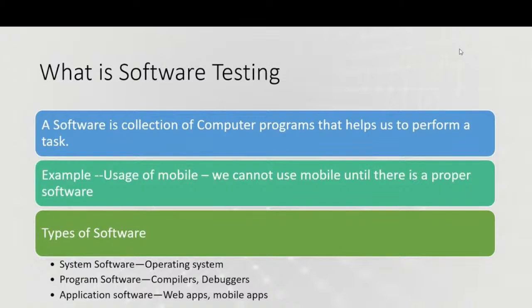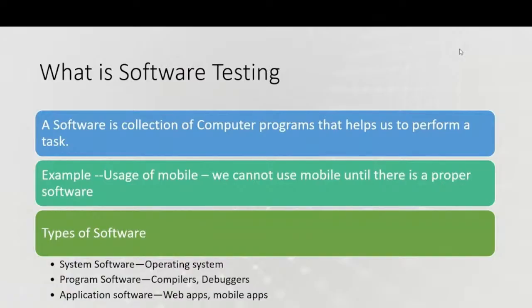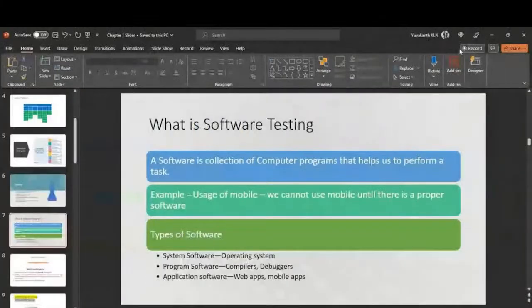Depending upon which software your project is using, based on that you will be testing that particular app or something else. So that is what we'll be trying to understand, the types of software. Now we have understood what is software and software testing.